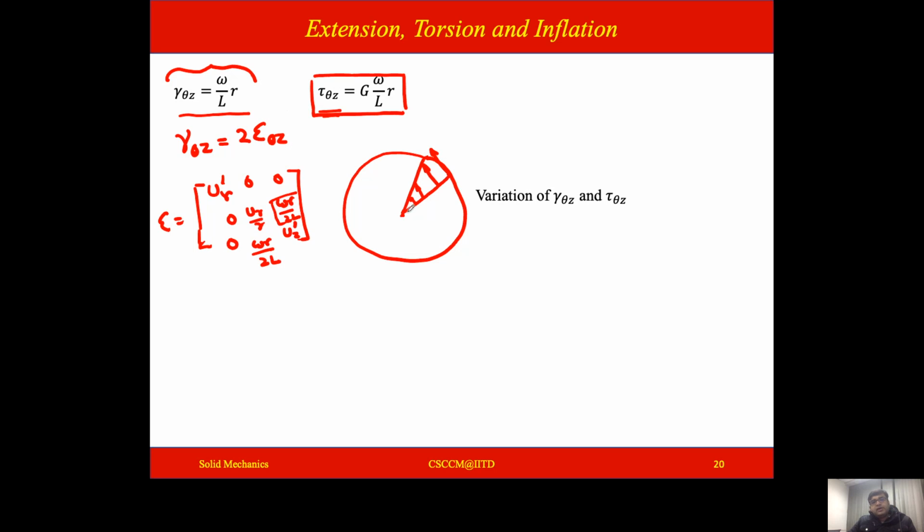And at the center where r is equal to 0, my tau theta z is going to be equal to 0. If I take this circular cross section with inner radius and outer radius, obviously nothing can be here. From here, as you go outside, your shear stress is going to increase. So this was the only portion that was remaining from our last lecture.